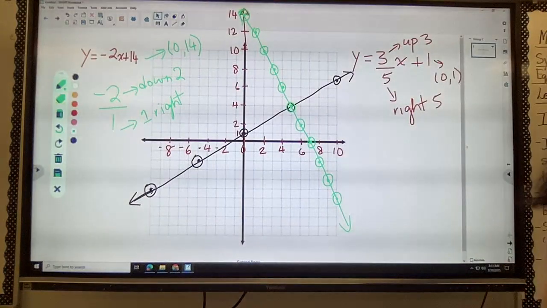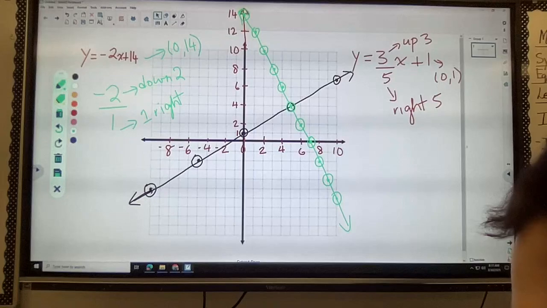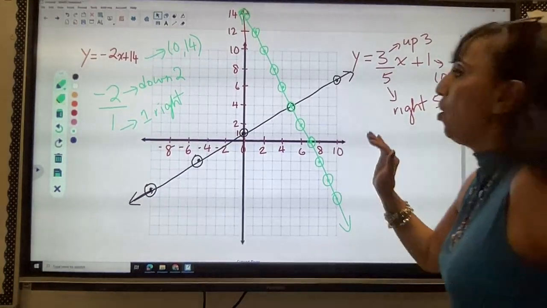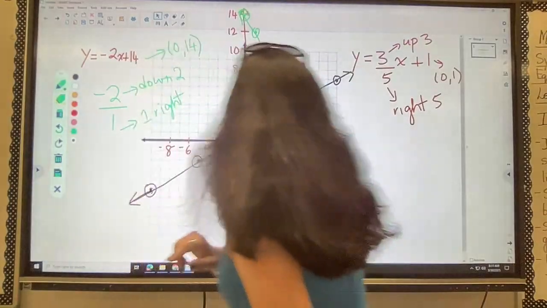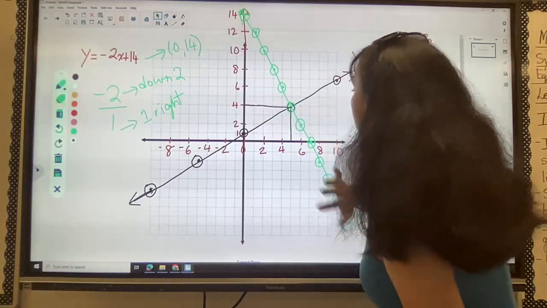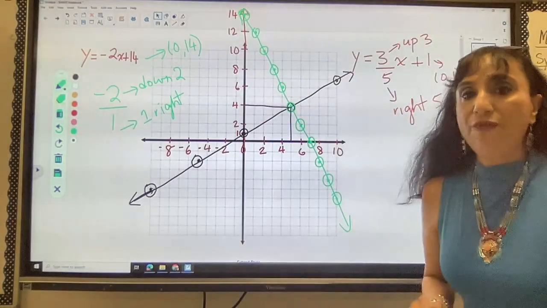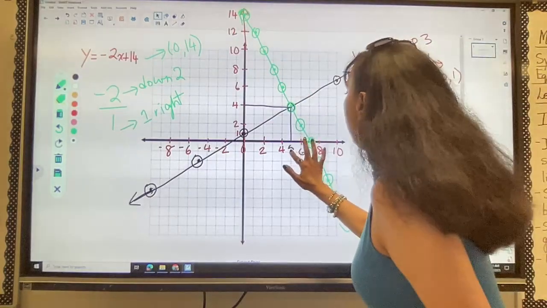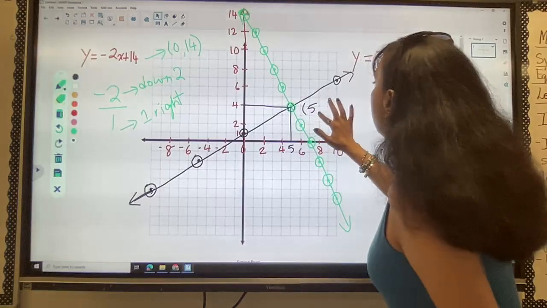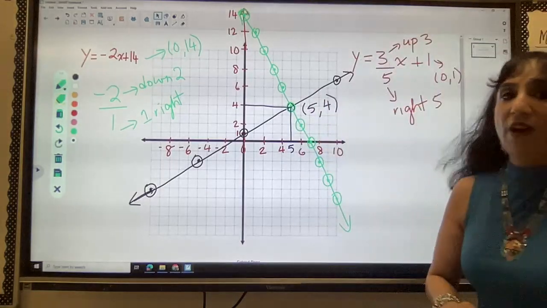I can see that it is intersecting in exactly one point, which is over here. If I look at that, this is 5 and that is 4. So what is my solution? It is going to be 5, 4.